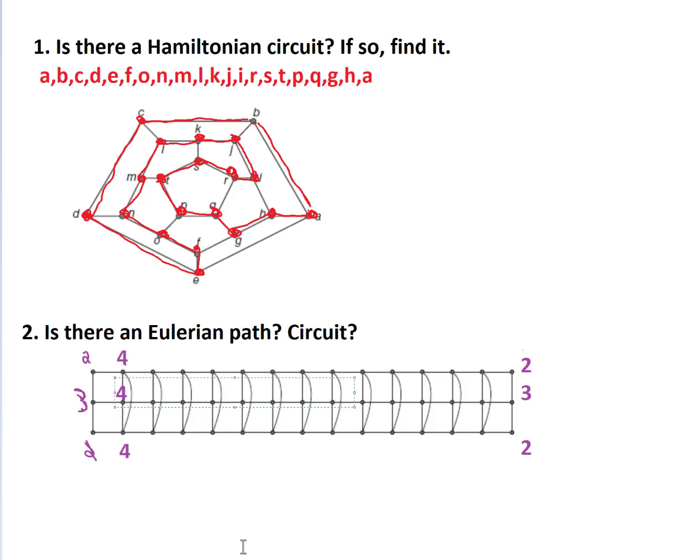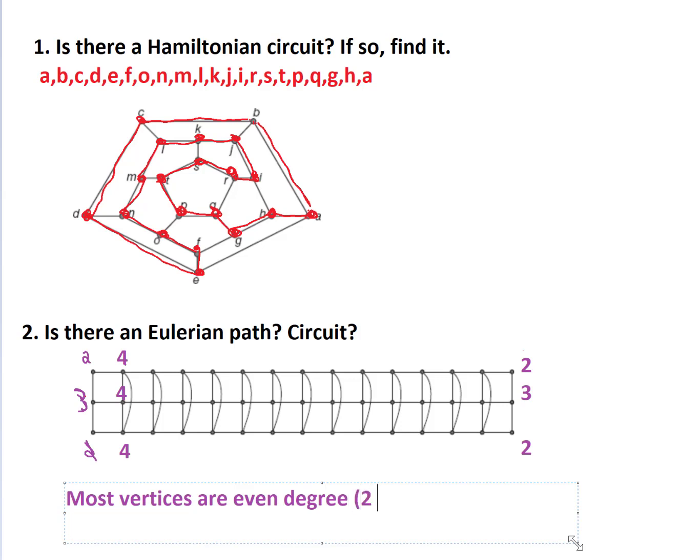So what we found are most vertices are even degree. They're 2 or 4.